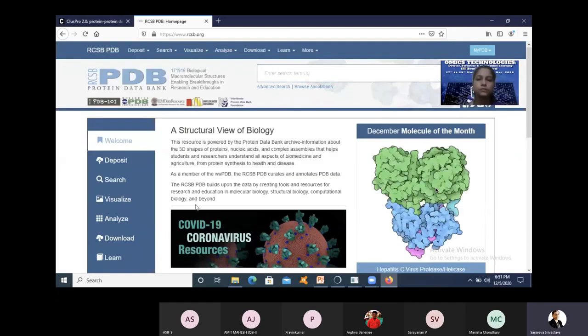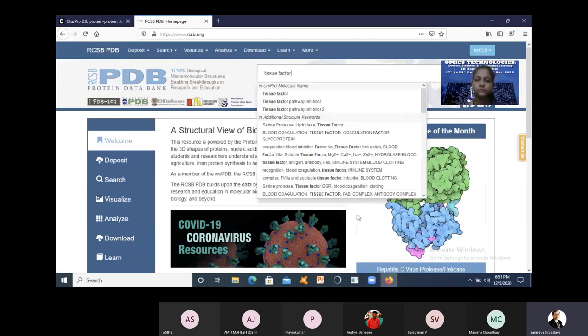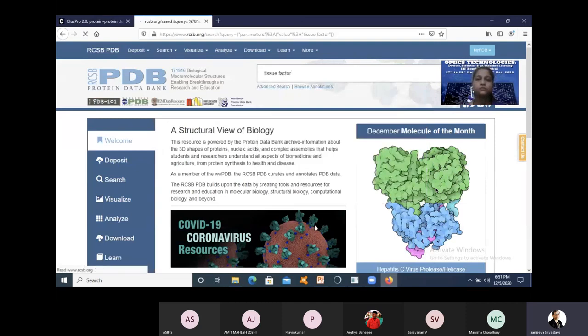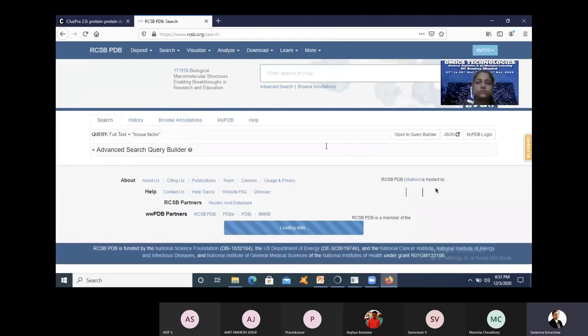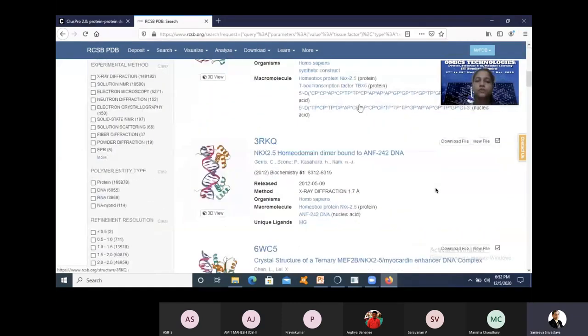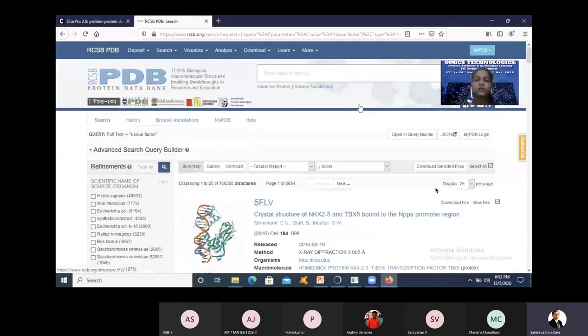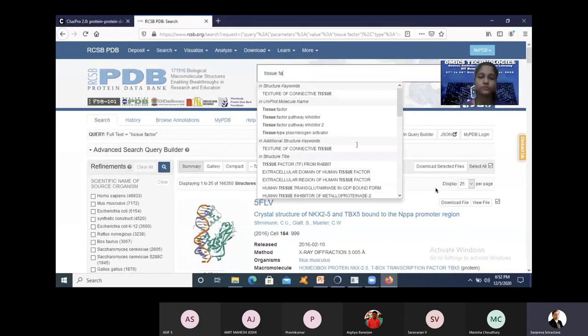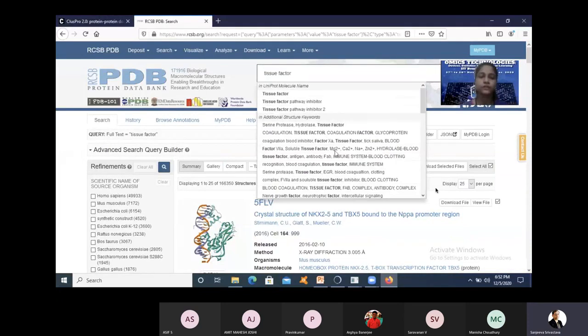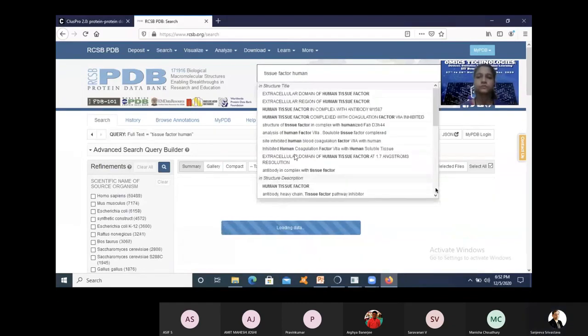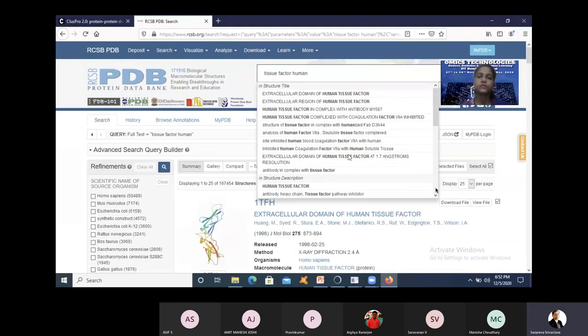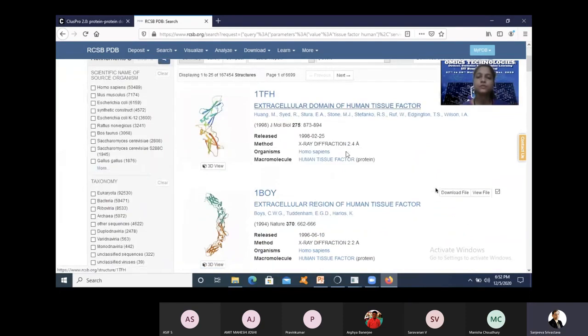Here, if we put in tissue factor, human, you can see several structures are present. This is the extracellular domain of human tissue factor.